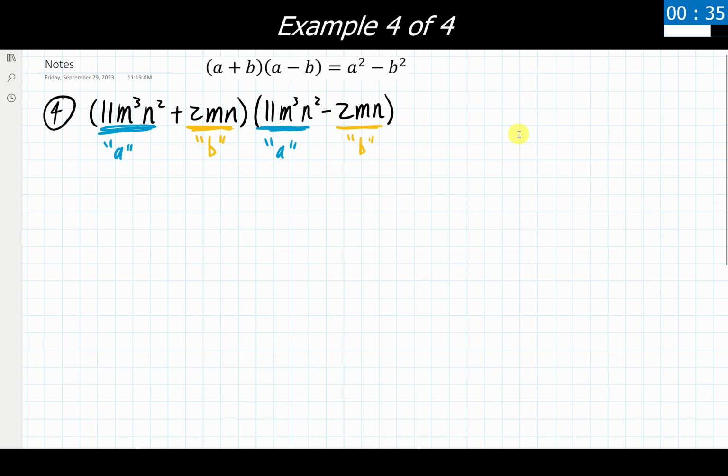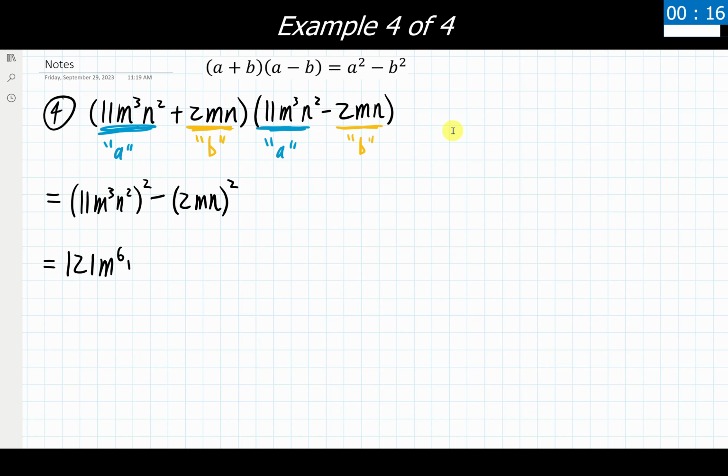So like we did with example 3 and our previous ones, we are going to be plugging these things in for A and B in this part here at the end, and we're going to solve this out and simplify for our final answer. And we get to our final answer of 121m to the sixth n to the fourth minus 4m squared n squared.